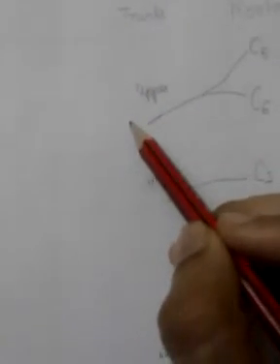Then each of these three trunks divides into ventral and dorsal division. So next is division. I'll be using a different color.